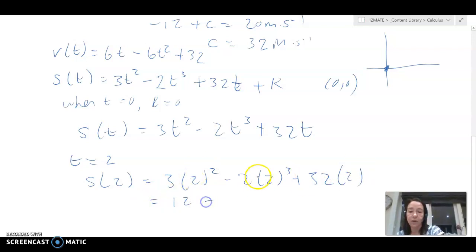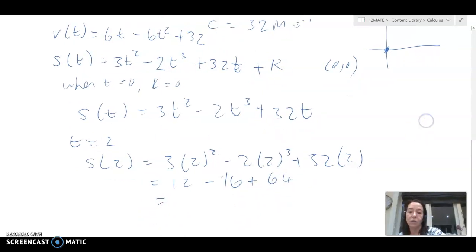So 12 minus 16 plus 64 equals that amount. My distance is 60. Okay, so meters.